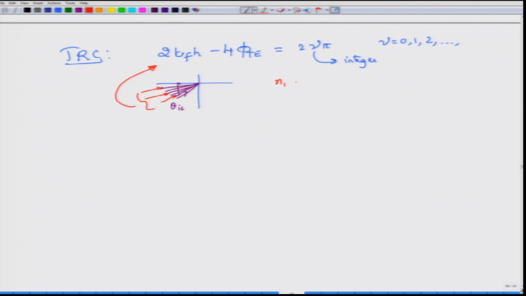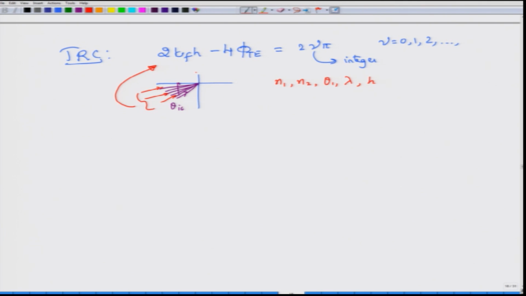So, it relates n1, the refractive index of the film, n2, the refractive index surrounding the film, the angle of incidence theta 1, the wavelength of light lambda, and h, because h is present as part of the TRC. The sign of 2 kappa f h is opposite to 4 phi TE, and this point will be made clearer when we discuss the electromagnetic wave theory of slab waveguides.